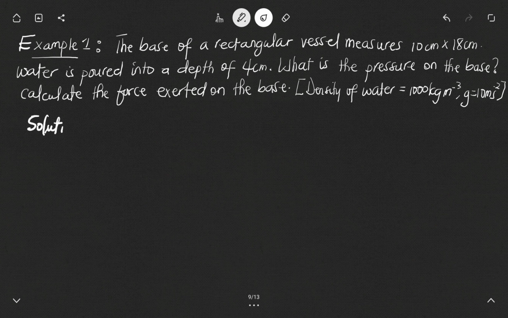So let's write down our solution. We were told that the base of the rectangular vessel has a dimension of 10 centimeters by 18 centimeters.